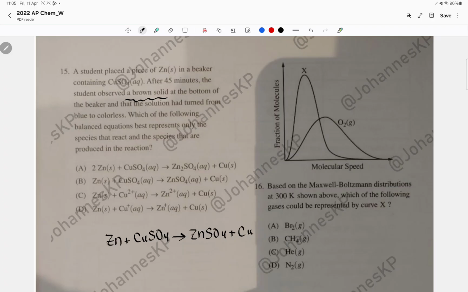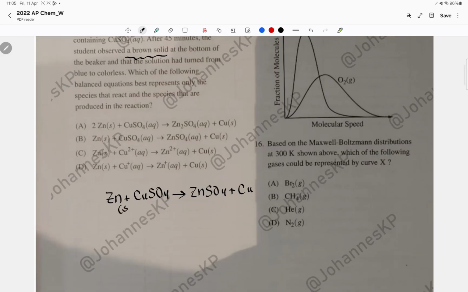Which of the following best represents the species that react? Look, zinc is a solid, Cu is a solid. They have to remain as solids. So we're going to have zinc solid giving us Cu solid. The equation is already fully balanced, so it's not A. But the CuSO4 must be broken up, and the same goes for the ZnSO4, because both are aqueous, not solids.